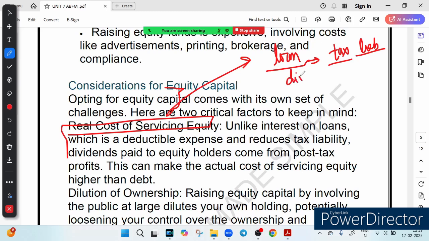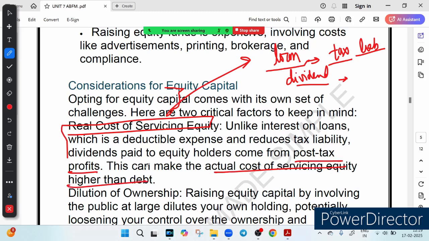This dividend does not reduce the tax liability, because it comes from post-tax profit, which makes equity costlier than debt in some cases. Dividend paid to equity comes from post-tax profit. This makes the actual cost of servicing equity higher than the debt.